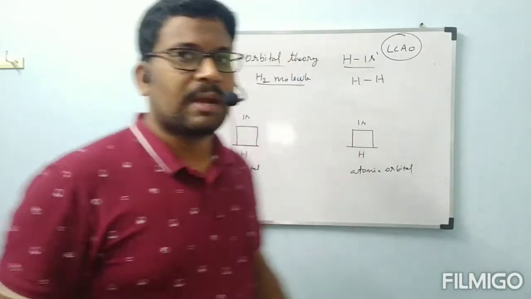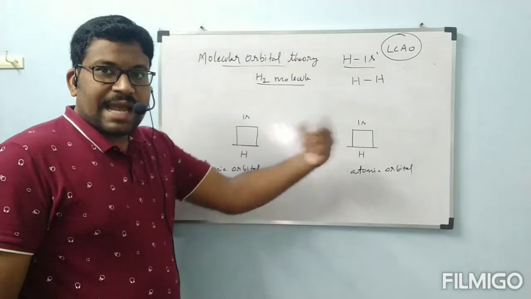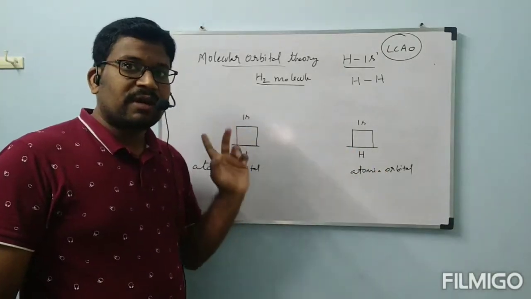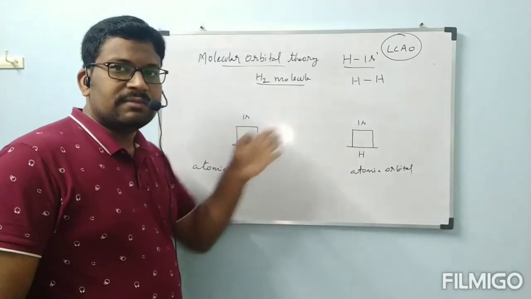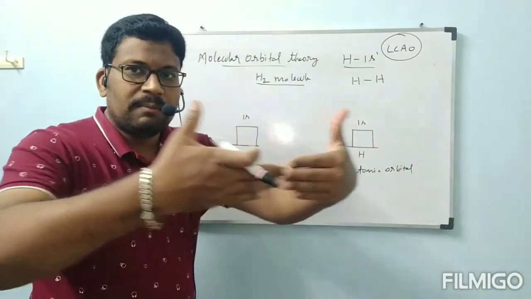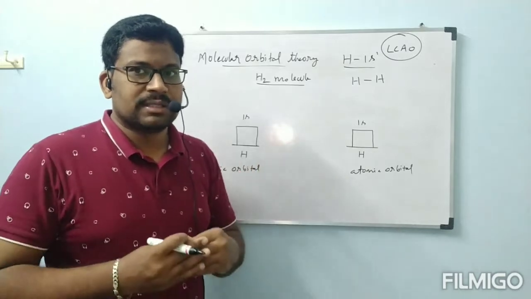Is it okay? Now coming to this point, this is a hydrogen containing 1s, and this is another hydrogen containing 1s. Two different atomic orbitals from different atoms. Now these two will undergo LCAO, that means linear combination of atomic orbitals.